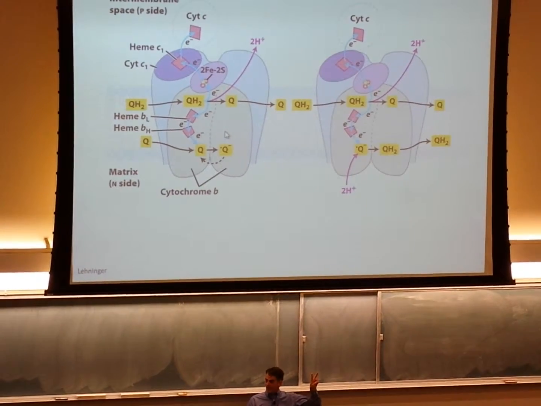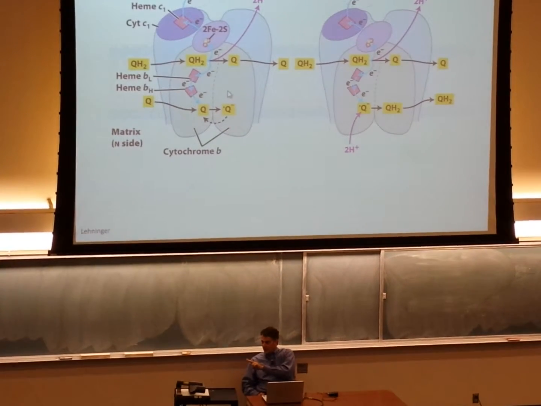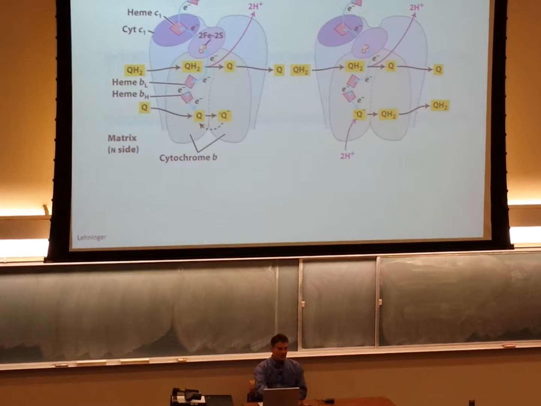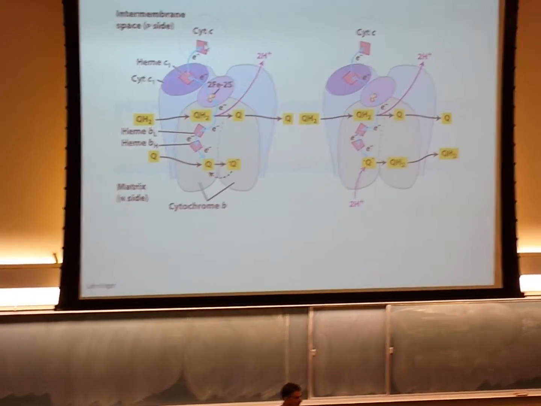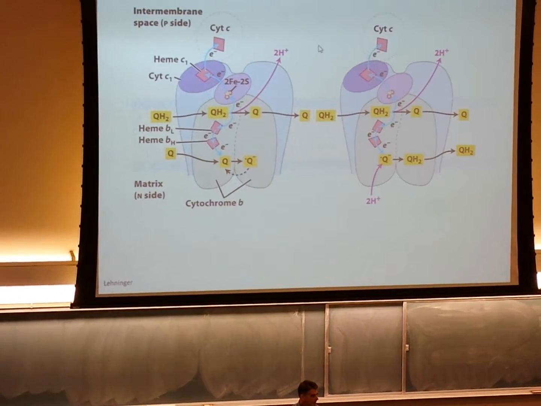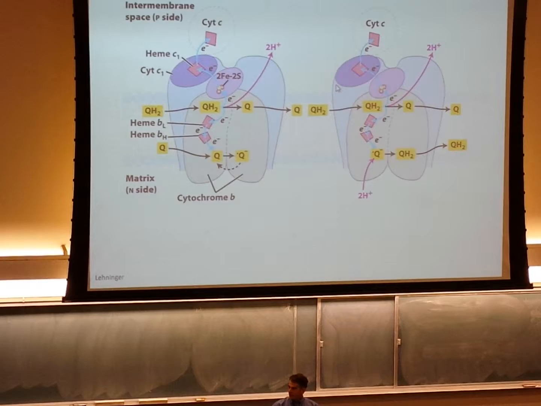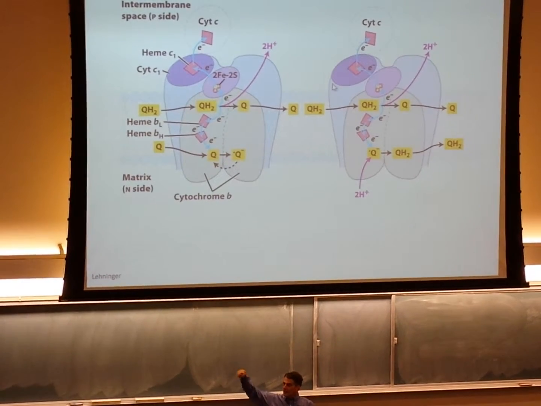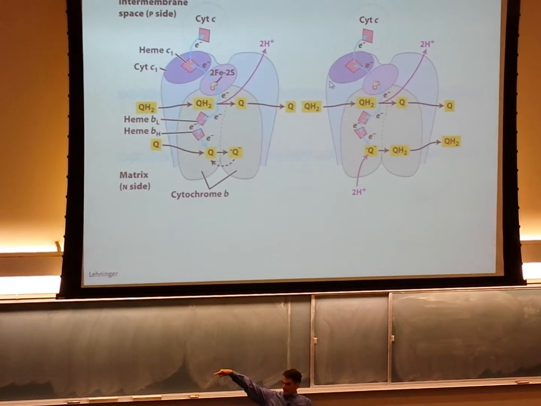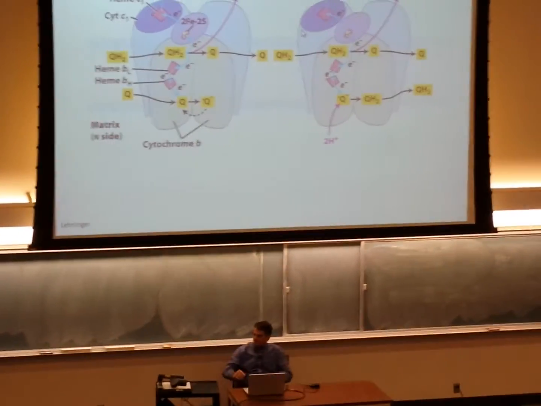So if you want 2 electrons to go all the way down and make 1 water molecule, then you have to have 2 cytochrome Cs. One can only carry 1 electron at a time. Is that okay with you? So that's why they had to show the image twice, to show 2 electrons on their way to complex 4. Because 1 cytochrome C can't carry 2 electrons. Good?